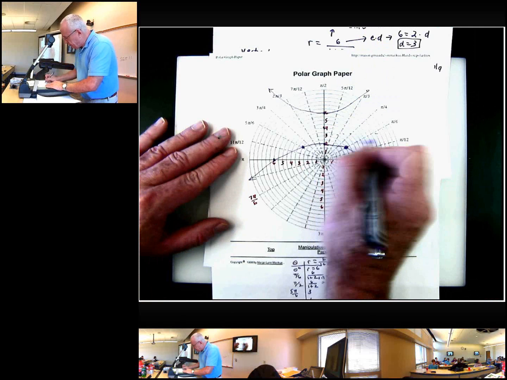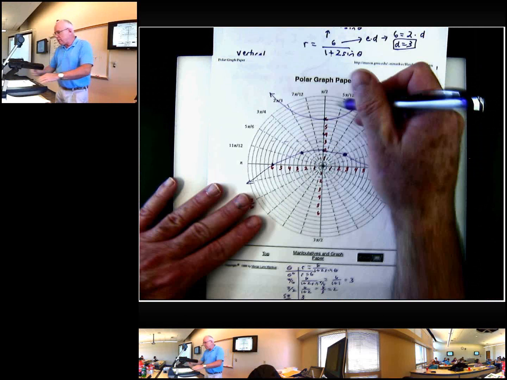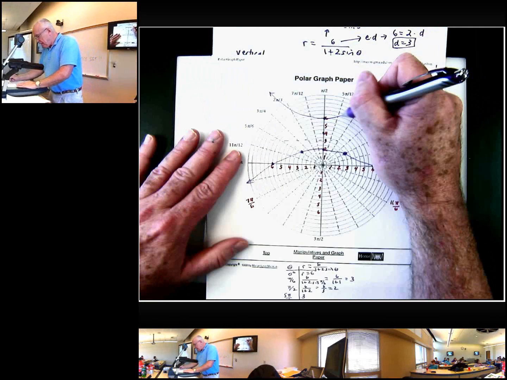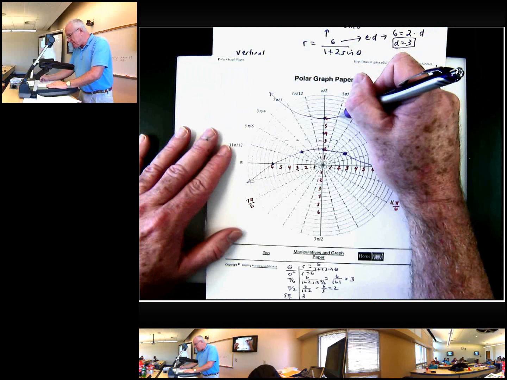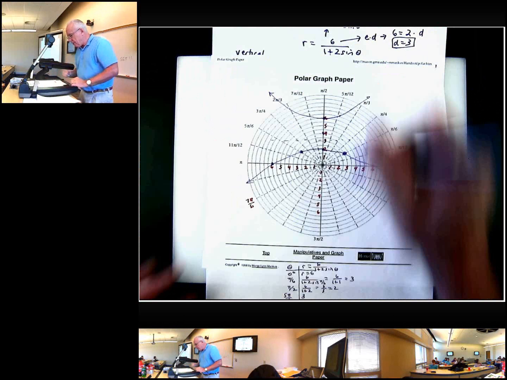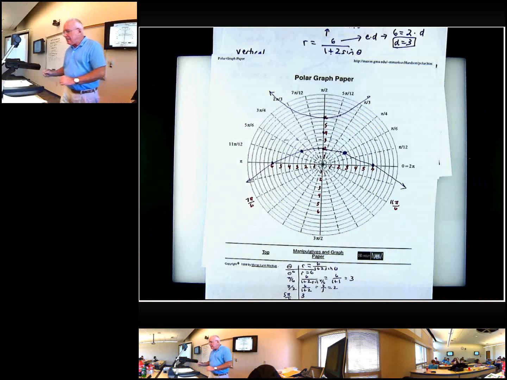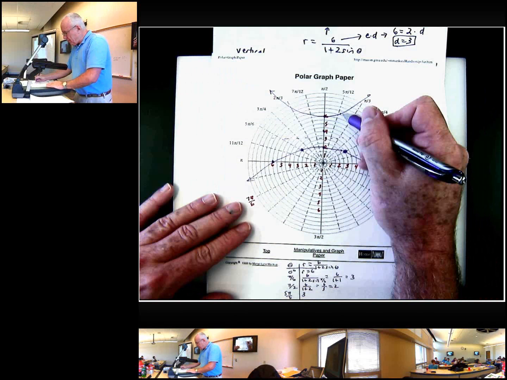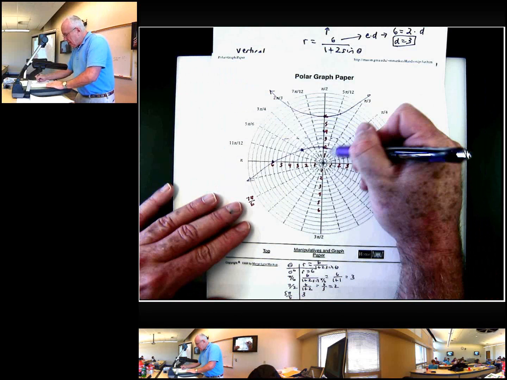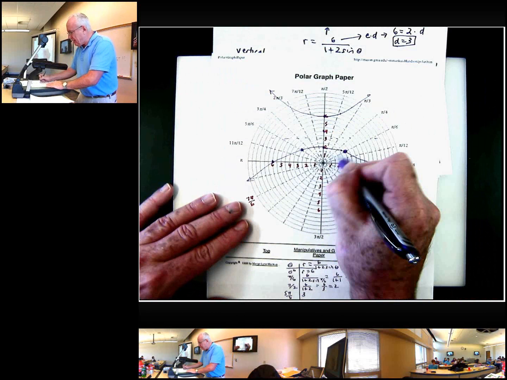Actually, when you work this out, these angles up here, you would think, okay, up here, this would correspond to like down here, all right? The thing is, this angle here is a much different angle than this angle here.